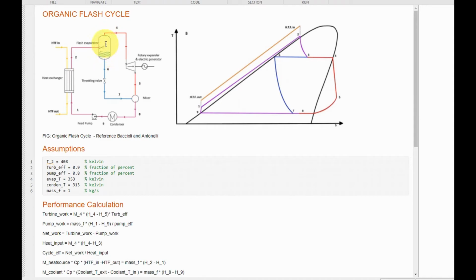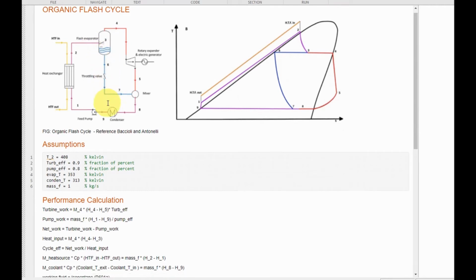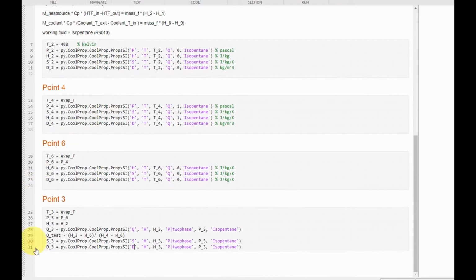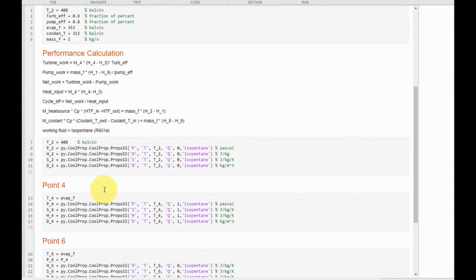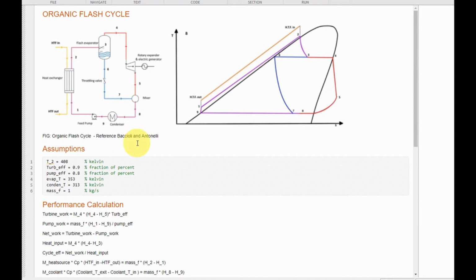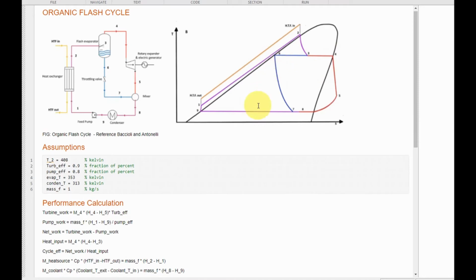So we need to identify what mass flow of that fluid goes out as vapor and what mass flow goes out as saturated liquid. To do that, we already know what our quality of fluid is at this point. So we can now obtain the mass flow at this point and the mass flow at point 6.